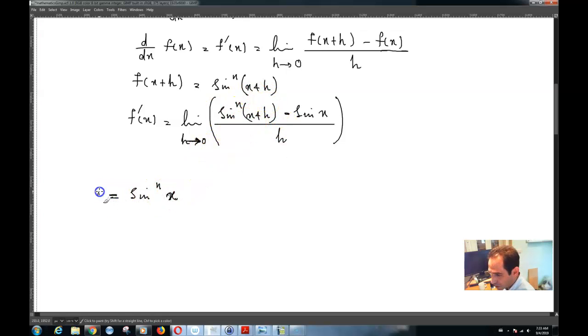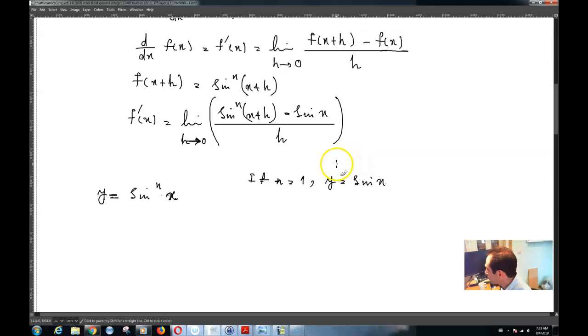And if I call this y, now of course you know that if n is equal to 1, then basically this becomes y is equal to sine x.